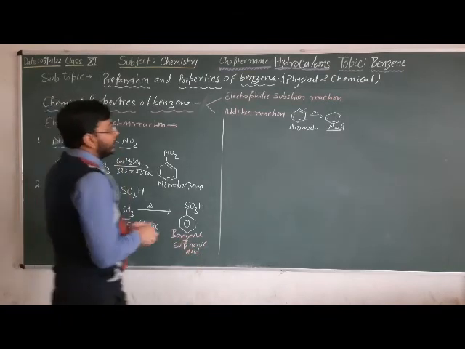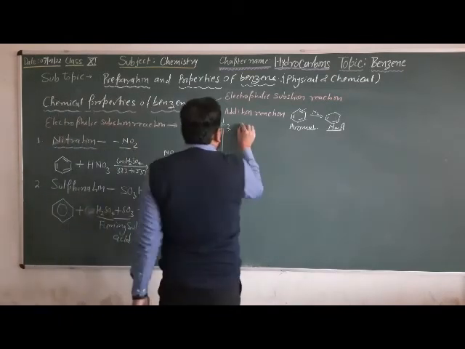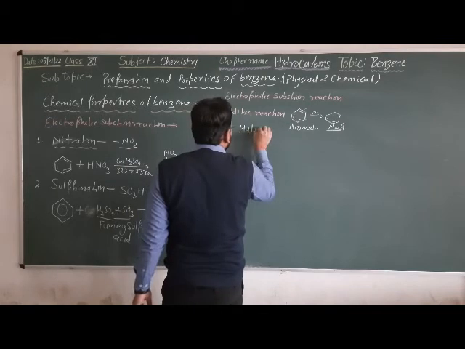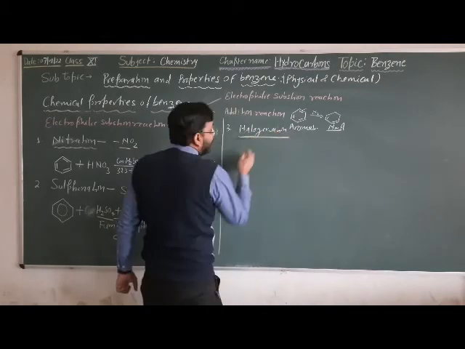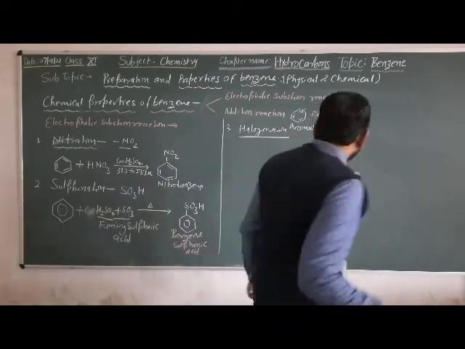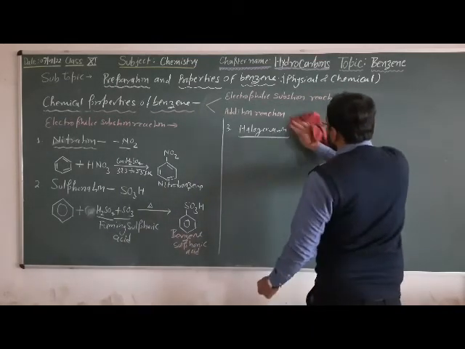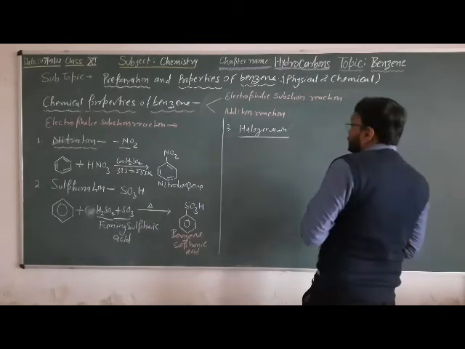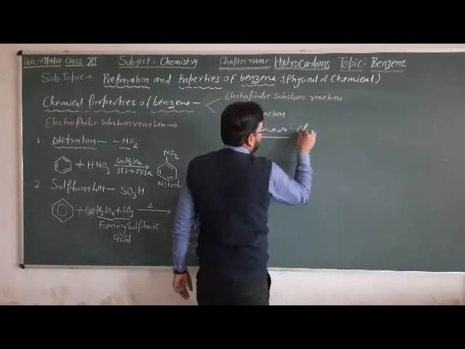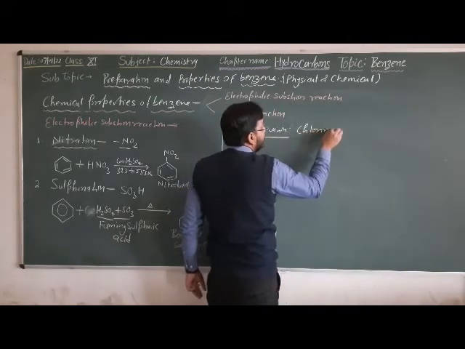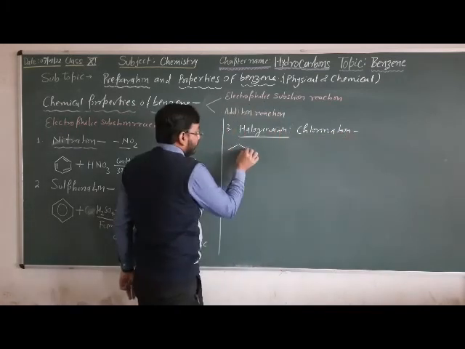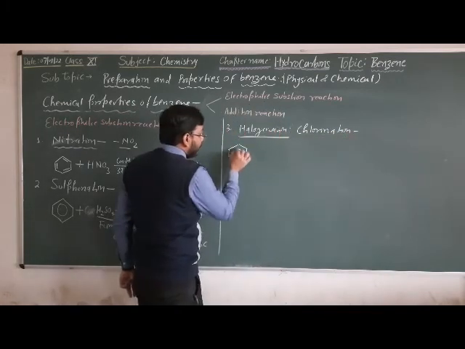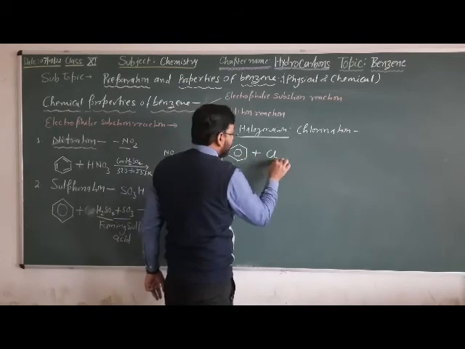Now third is halogenation. This is the example I will take here: chlorination. Benzene plus Cl2.